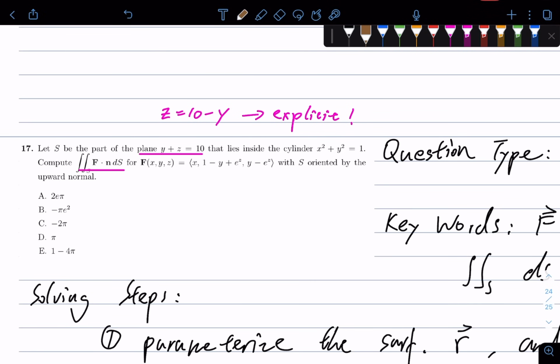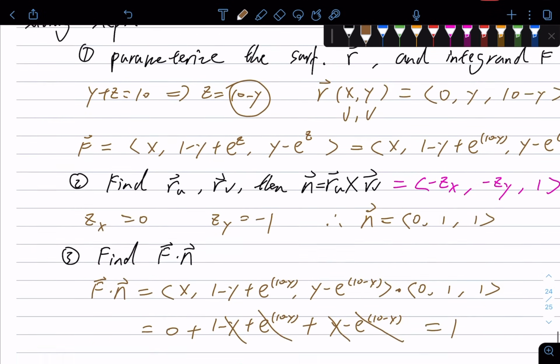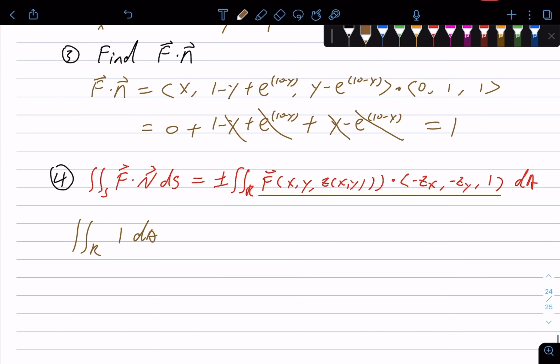Which 2D coordinate system should we use? At the end of the day, a surface integral is a double integral. It's polar coordinates, because it's a cylinder, something circular, and we should always think about polar coordinates.